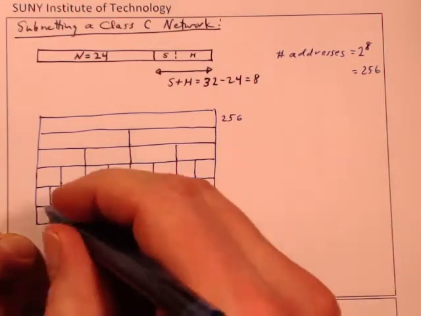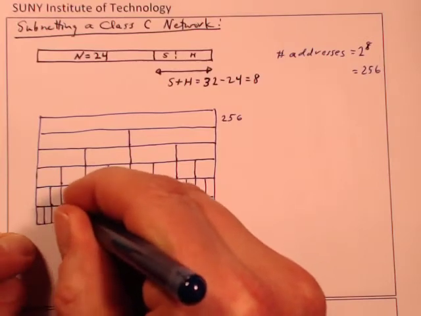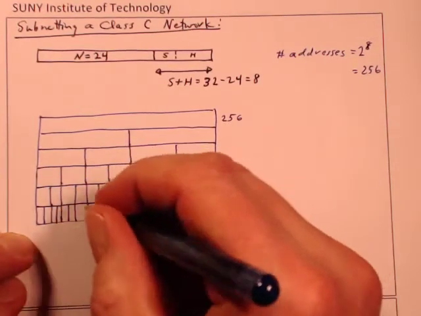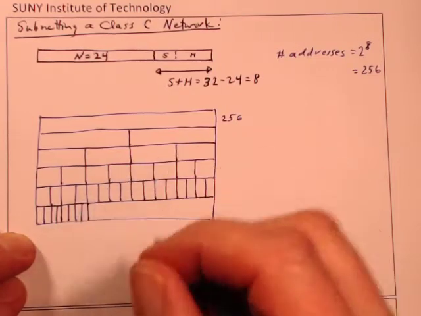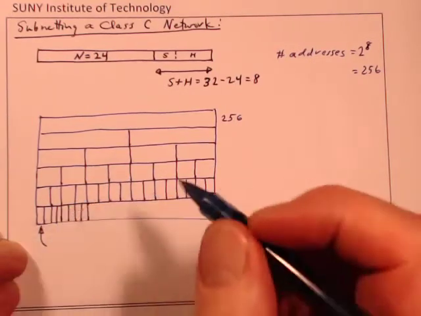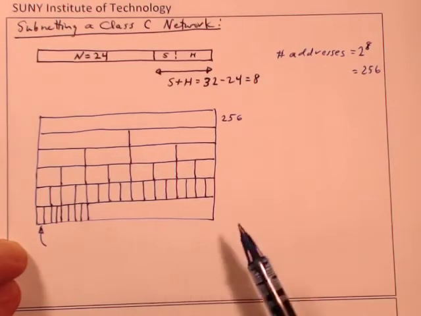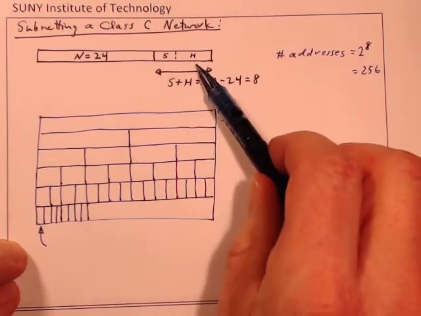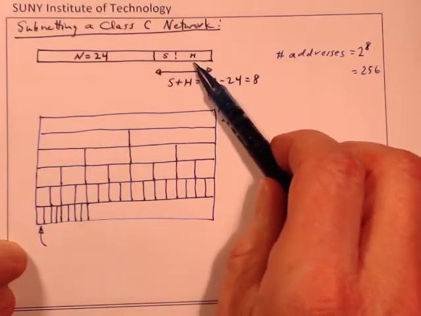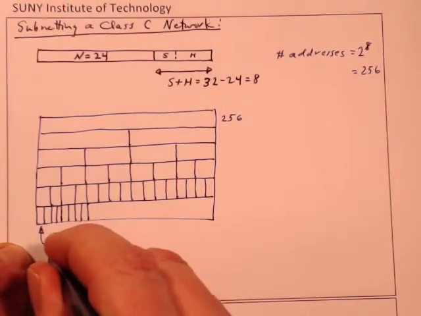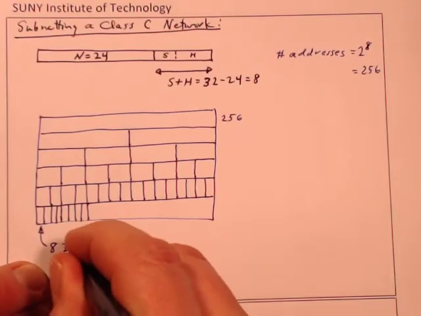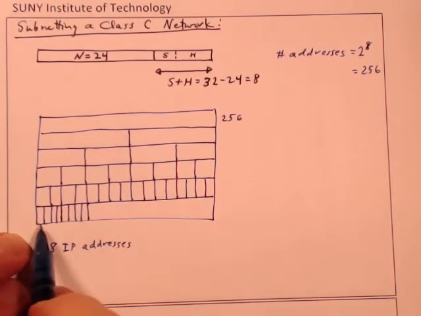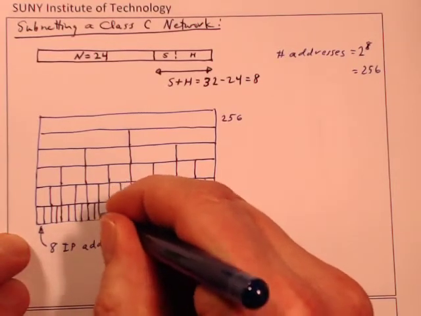If I use 5 bits for my subnet mask, then I'm going to take each of these and divide them into 2. Maybe I won't complete that drawing, but if we've used 5 bits for our subnet mask, I've only got 3 left over for the host addresses. 2 to the 3rd is 8, and so I've got 8 IP addresses in this smallest little division down here at the lowest level.